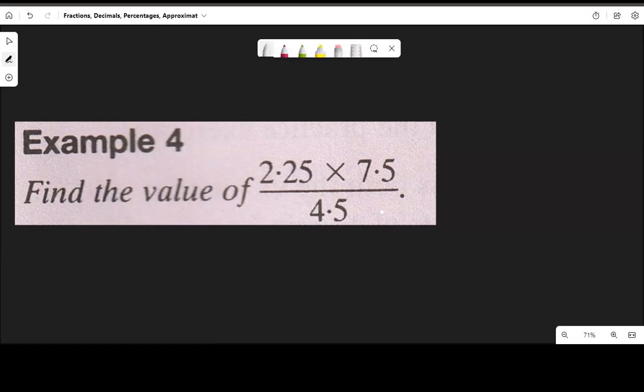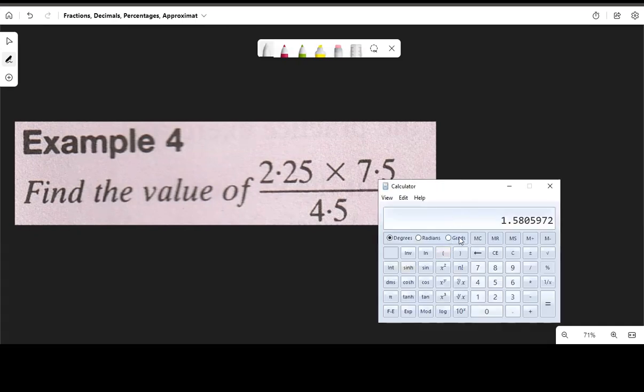We can do this without a calculator by removing all of these decimal numbers, and to do that, you multiply by powers of 10 based on the number of decimal places. So to remove the decimals here, you can multiply by 100, then multiply this by 10, and this by 10 also. But you can use a calculator to do that.